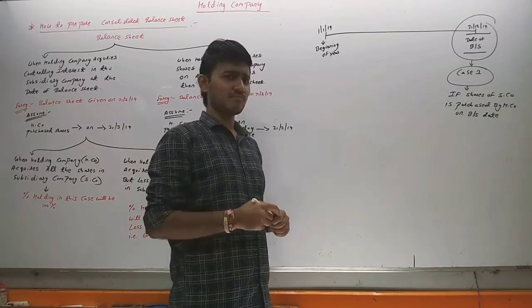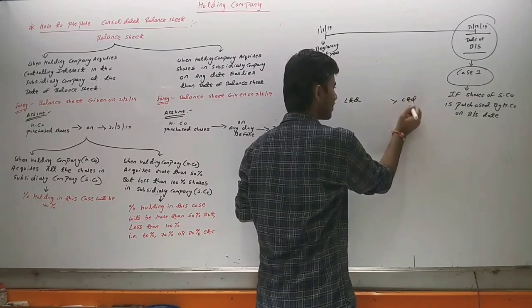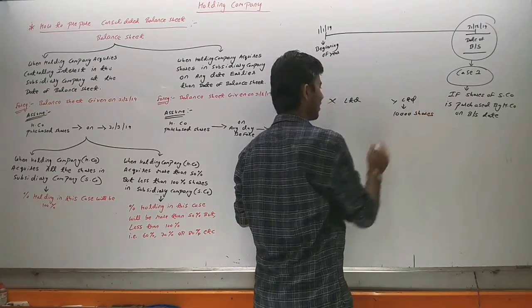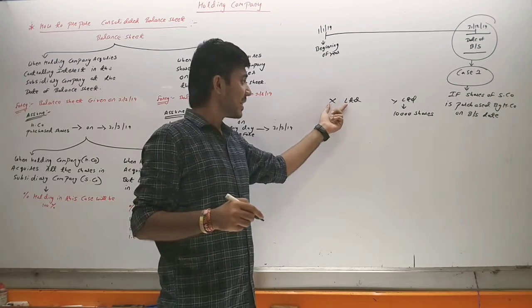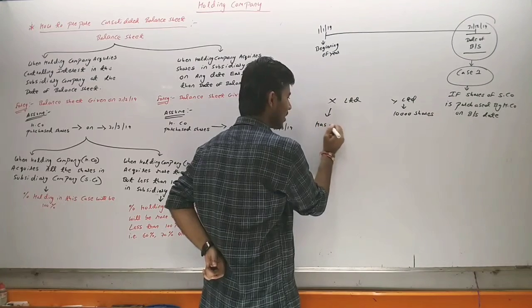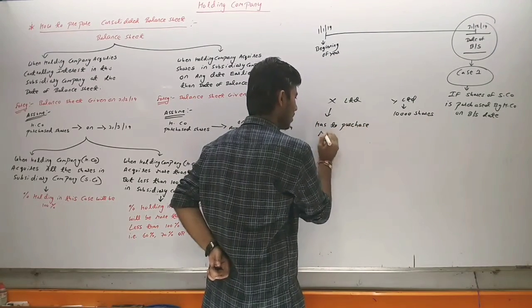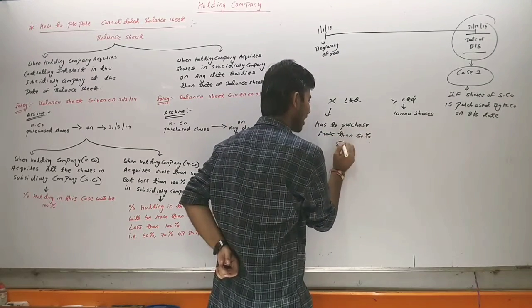Now the things come. Suppose there are two companies, X Limited, Y Limited. Y Limited has 10,000 shares. If X Limited wants to become a holding company, then X Limited has to purchase more than 50% shares.